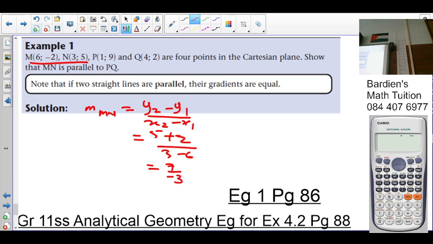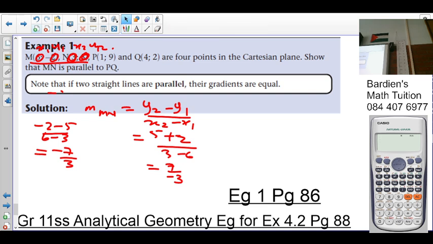If I'd gone with the other point first, it would have been negative 2 minus 5 over 6 minus 3, which is negative 7 over 3, which is the same. So if you made that x1, y1, x2, y2, no problem. If you go the other way around, it's also no issue. However, if you choose that to be x1, that must be y1, x2, y2, and so on. Okay, you guys okay with that? Otherwise your sign is going to be wrong on your gradient.